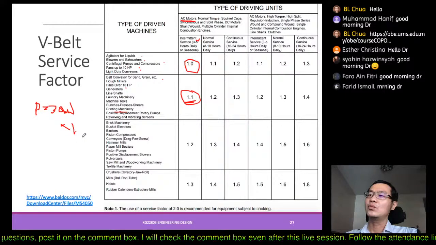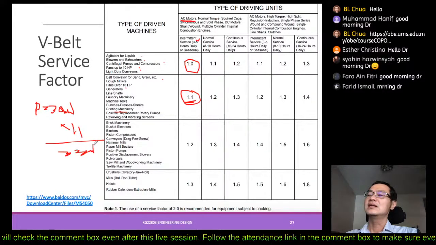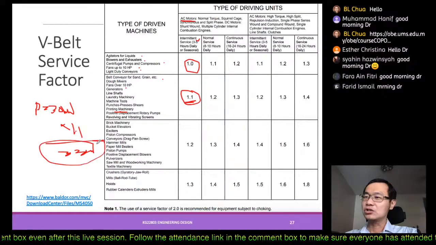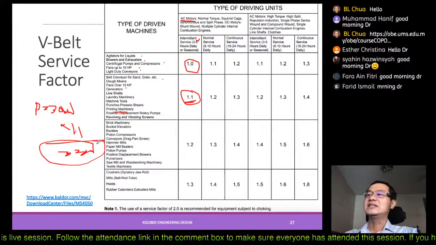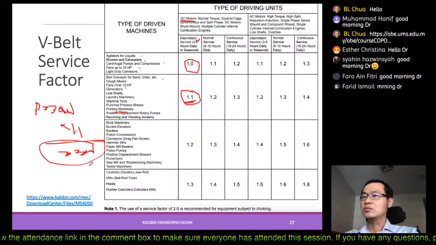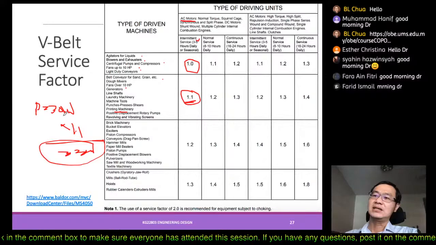This becomes 33 kilowatts that we are going to use for our design purpose. So we will design for 33 instead of 30.